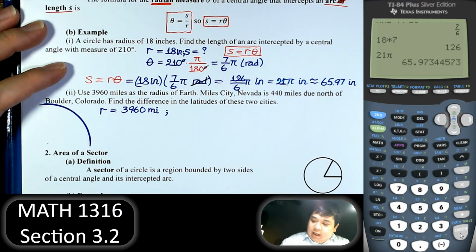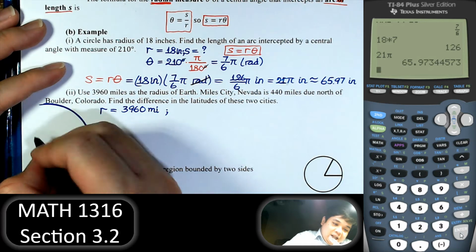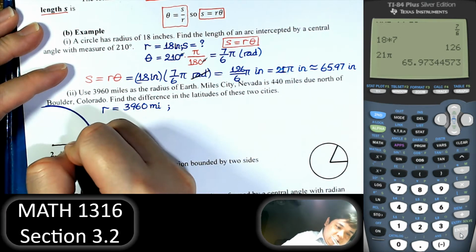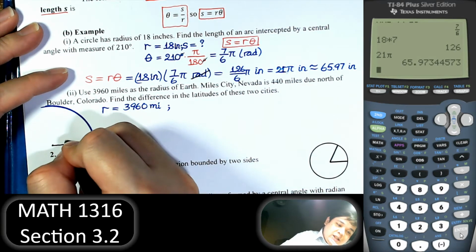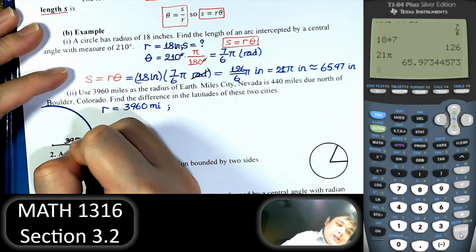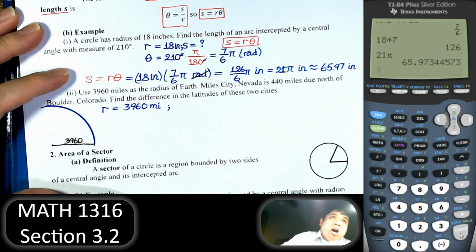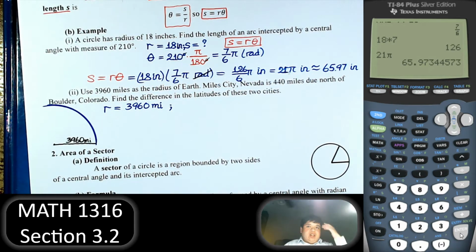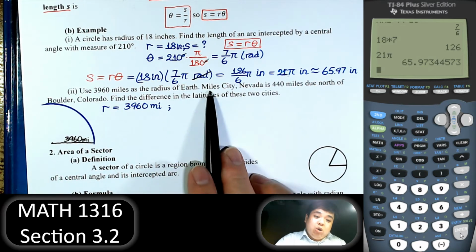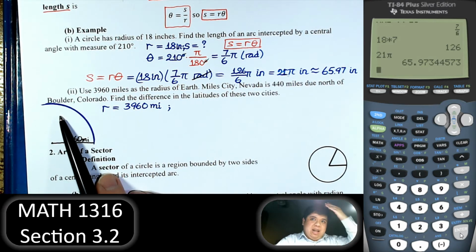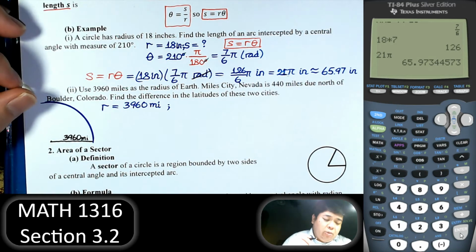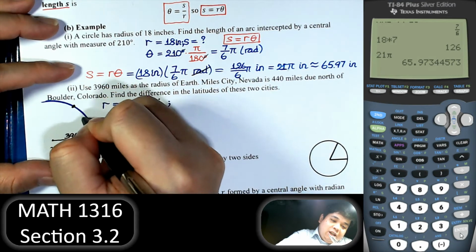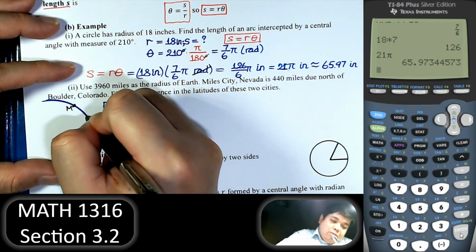Let's say the center of the Earth is here, and the radius of the Earth is 3960 miles. If we just do the cross section, because Miles City and Boulder are directly north of each other, what we know is Miles City and Boulder.